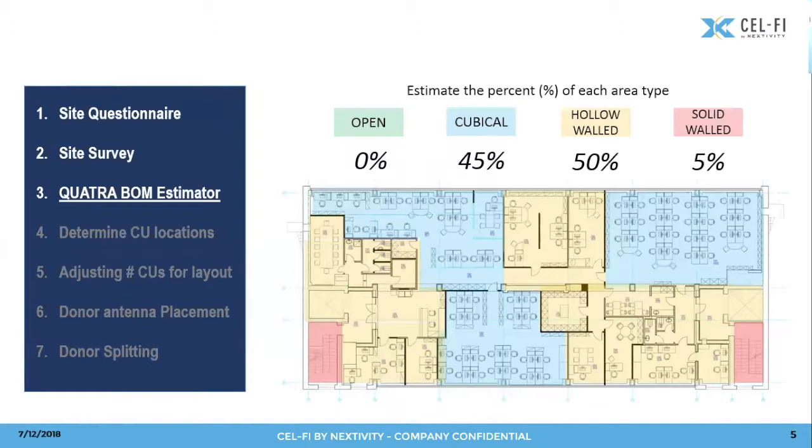How much space is allocated to more of those open plan office spaces, or hollow walled offices, very common in most buildings, or the worst case scenario, which would be the solid walls, right? Very, very hard to get through. But you're trying to get an estimate of what percentage of the area of the total project is allocated to these 4 different area types.